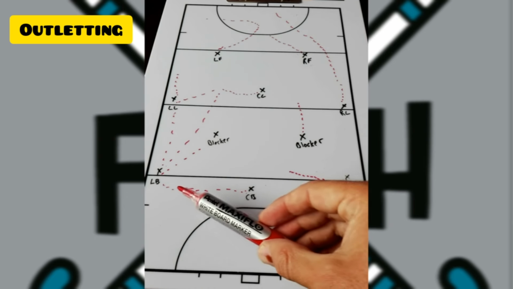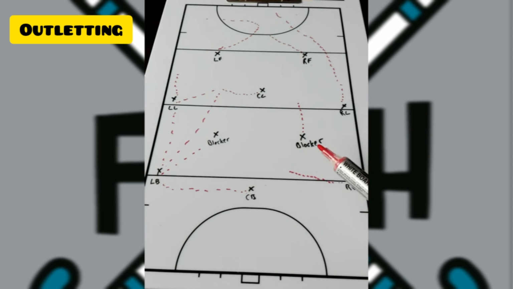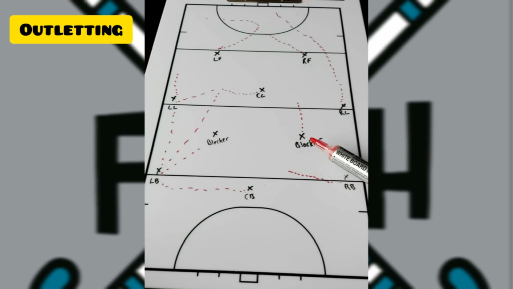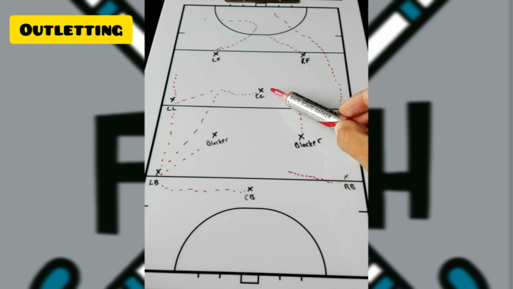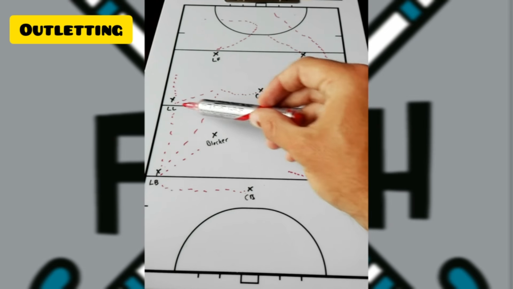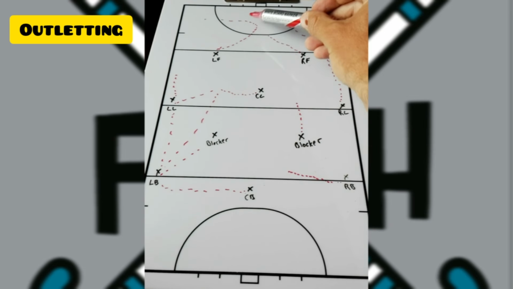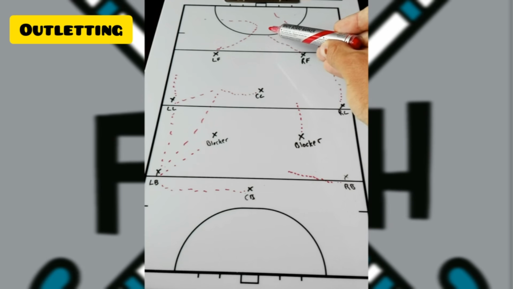The outletting on the right hand side will be more or less the same as on this side. You'll have the blocker as an option, the right link as an option, and the center link. But now the right forward will make that round lead, the left link will make the far side lead, and the left forward will make this lead going infield.